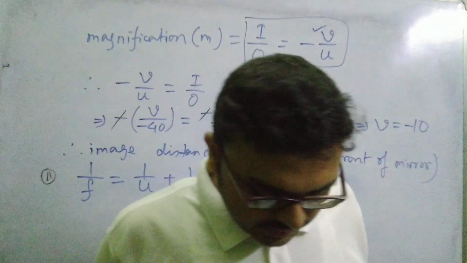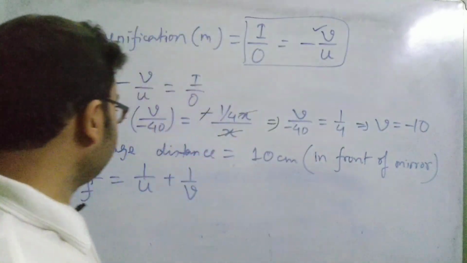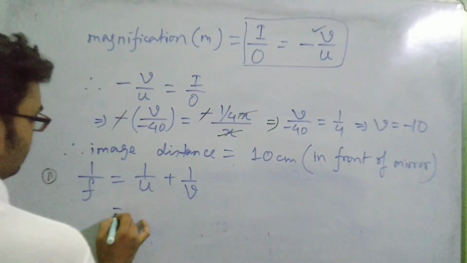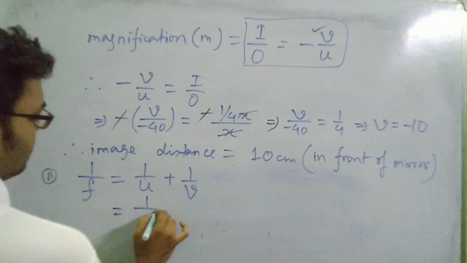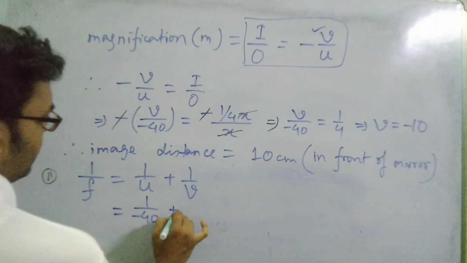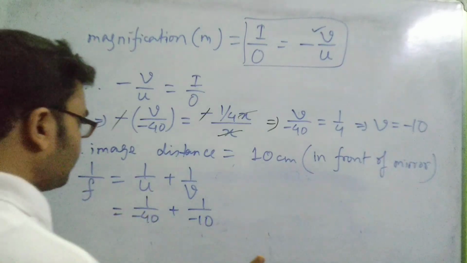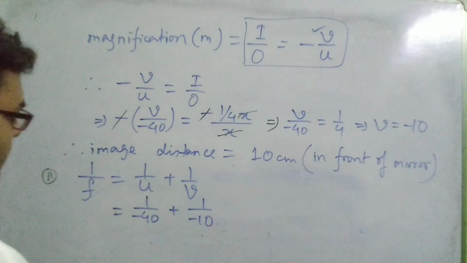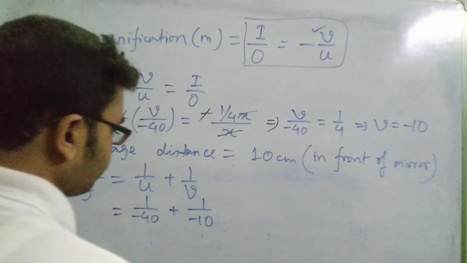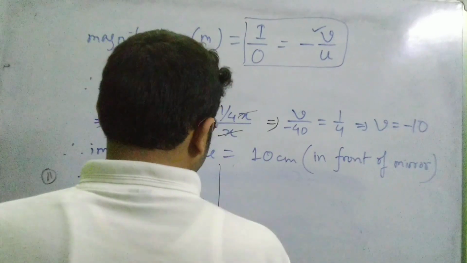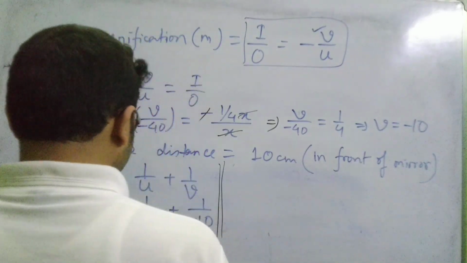So if we consider this formula, then just simply put the values here. So 1 by u is 1 by minus 40 plus 1 by minus 10. You have to put the signs properly, otherwise it will be a problem. So if we do the LCM, it turns out to be something like this.